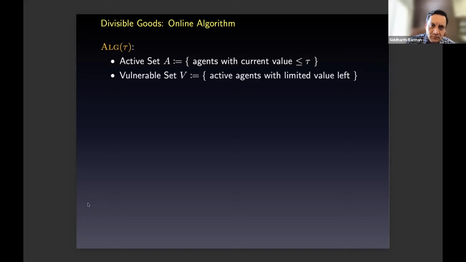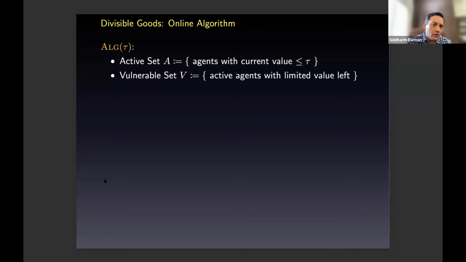So here's the algorithm. It works with a threshold tau. And what it does is it maintains 2 subsets of agents. The first is an active set of agents, which are agents who have yet to acquire a value of tau. So let me be specific. As the algorithm progresses, it makes allocation decisions. The next good comes, it fractionally assigns it among the agents.